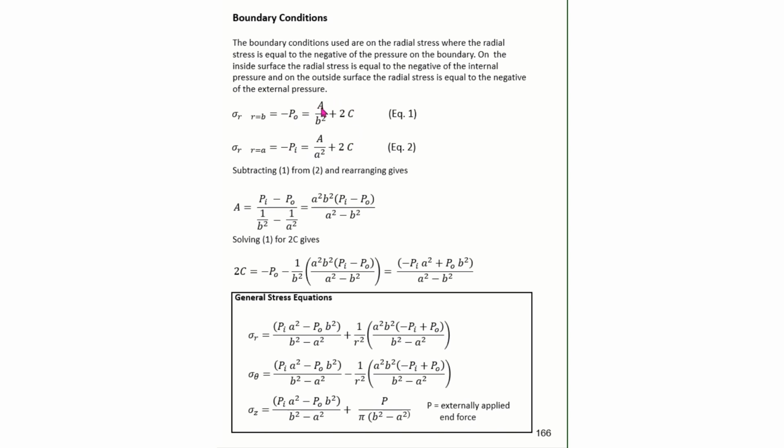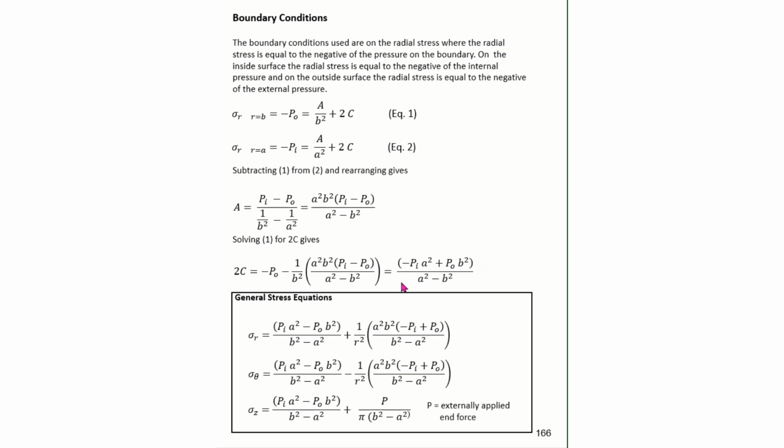The two unknowns are A and C. Subtracting equation 1 from equation 2 and rearranging lets us solve for A, and A turns out to be a squared b squared times the quantity Pi minus Po over a squared minus b squared. So we now have the A term here, and we can solve equation 1 for 2C and get that 2C is equal to this expression here.